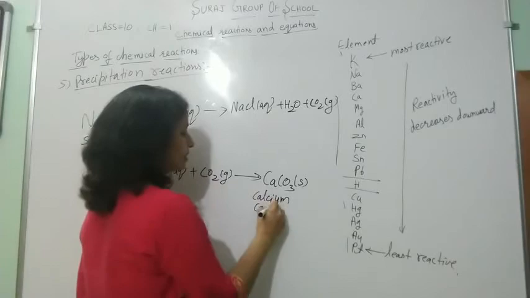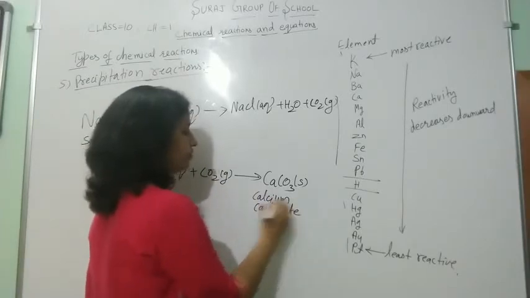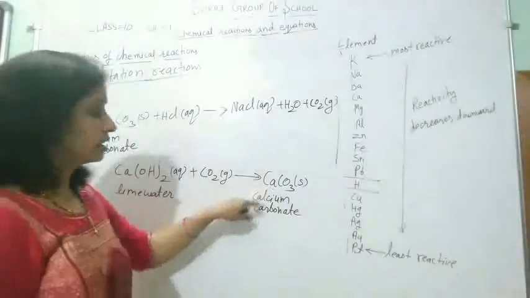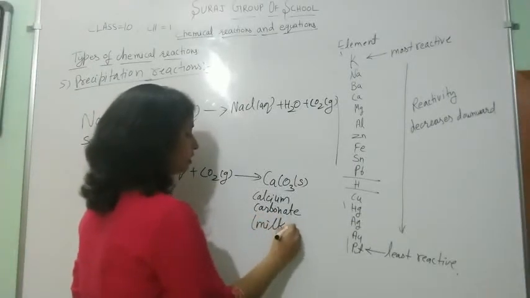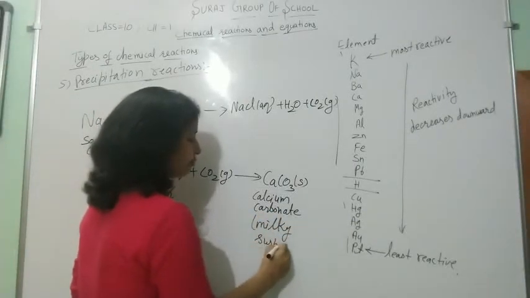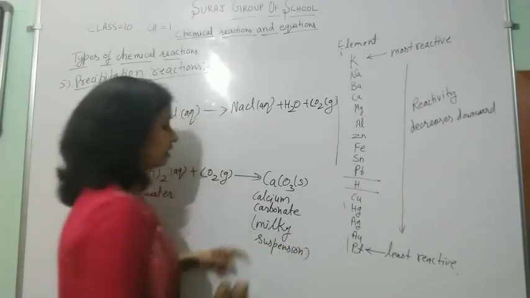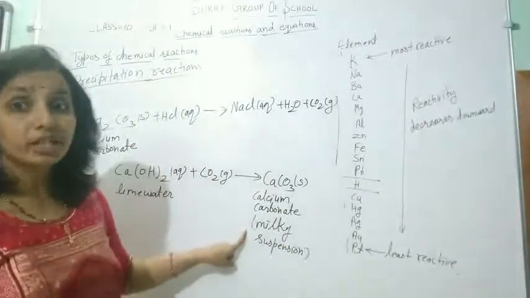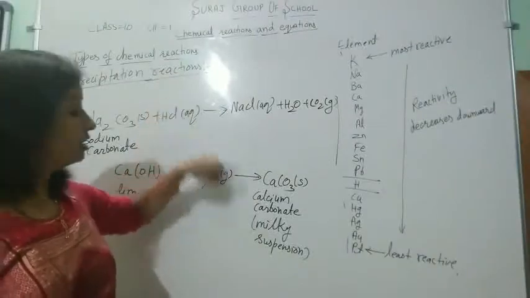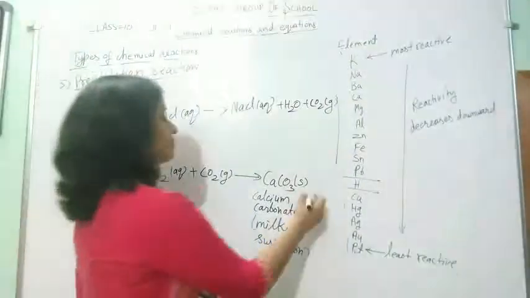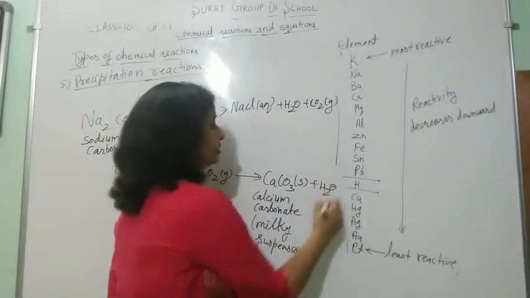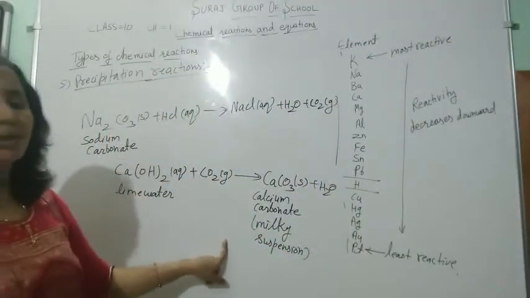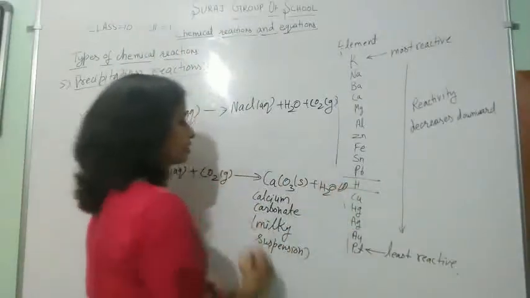Calcium carbonate forms a milky suspension. So these are precipitates. That's why we take this as an example of precipitation reaction. Along with this, water is produced in liquid state.